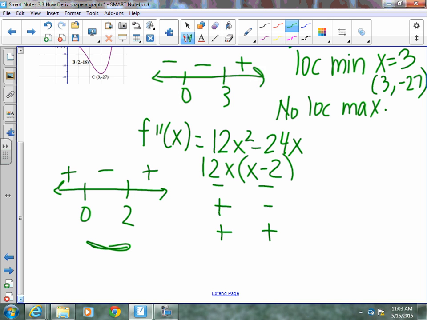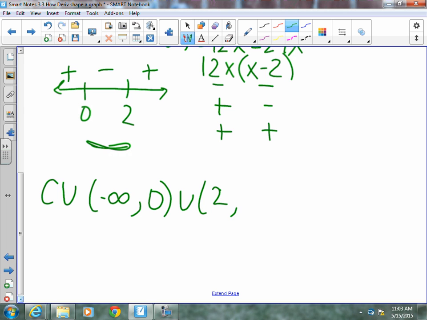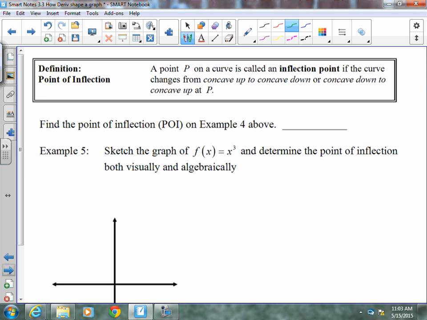So that tells us that this graph is concave up from negative infinity to 0 and from 2 to infinity, and is concave down from 0 to 2. One last thing, a point of inflection, P, on the curve is called a point of inflection if the curve changes from concave up to concave down or concave down to concave up. So, how do we find the point of inflection?